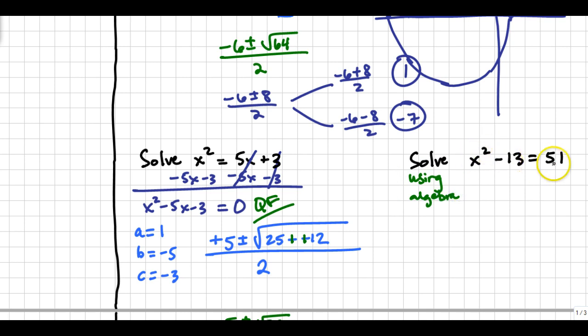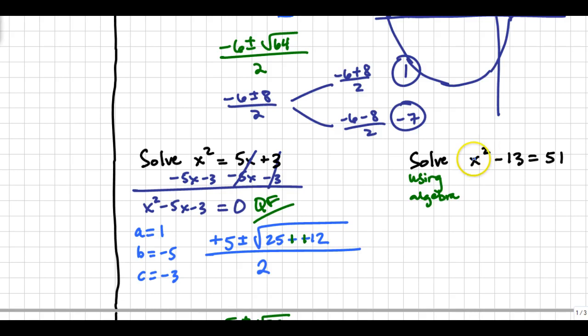If you can isolate the x, do it using algebra. You can use the quadratic formula on this one. It's not wrong. It just means that your b value will be a 0 because there's no number next to the plain x. But it'll be so much faster if we simply use algebra and solve for x ourselves. We couldn't do that on the previous one because we couldn't isolate x squared and x at the same time.